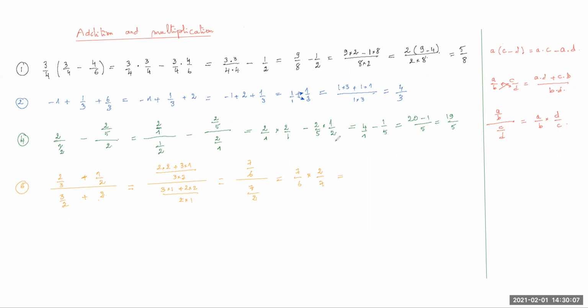By simplifying by 7 and by 2, I will get 1 over 3. My final result.